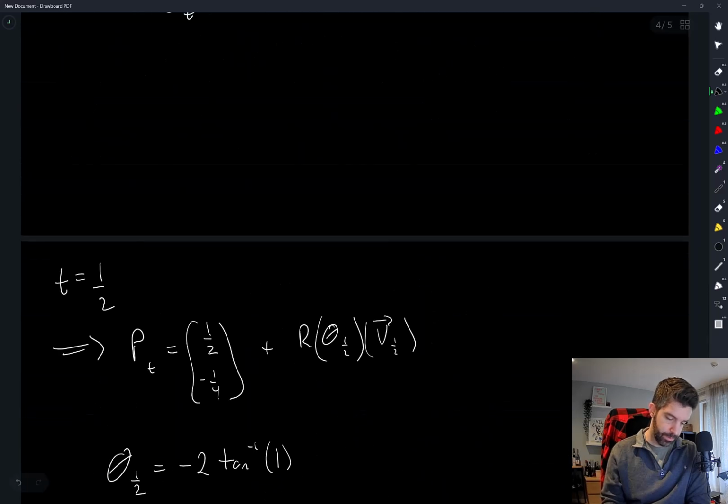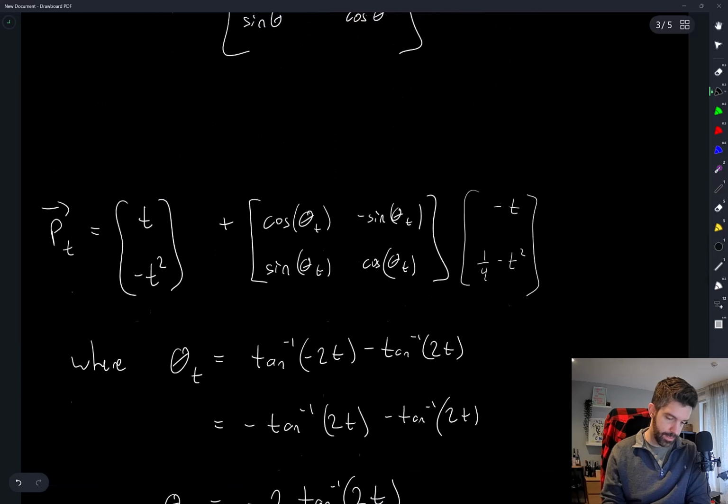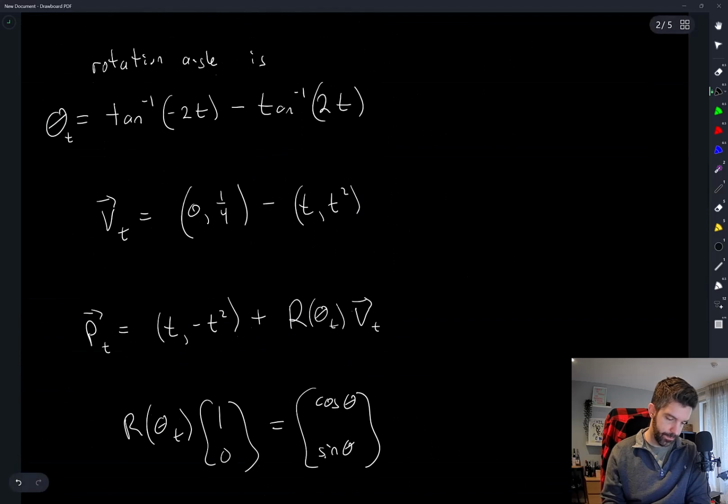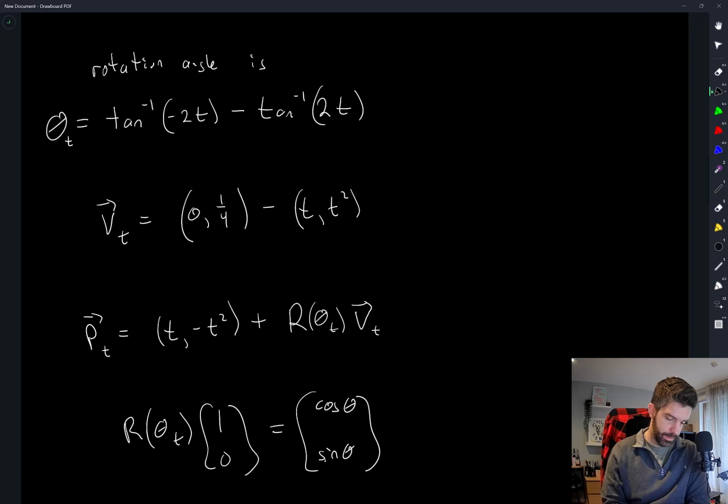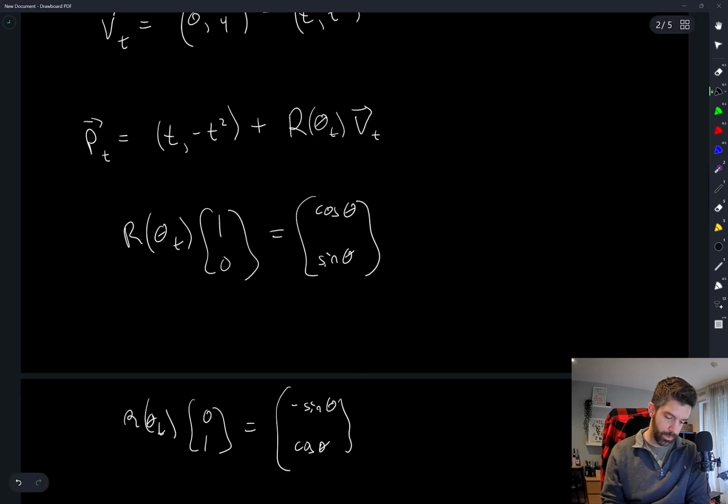Make sure that's what I had written. v of t is negative t and a quarter minus t squared.